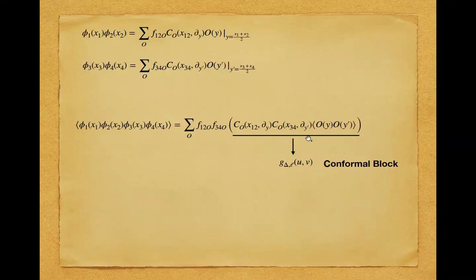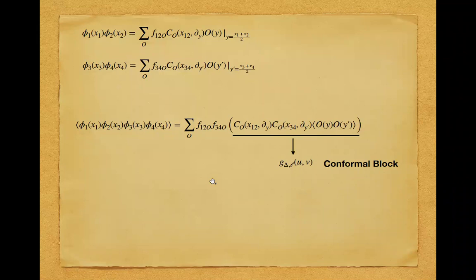As we discussed above, this particular part of your expression is completely fixed by using the conformal symmetry. The only thing you don't know is this product of 3-point coefficients.